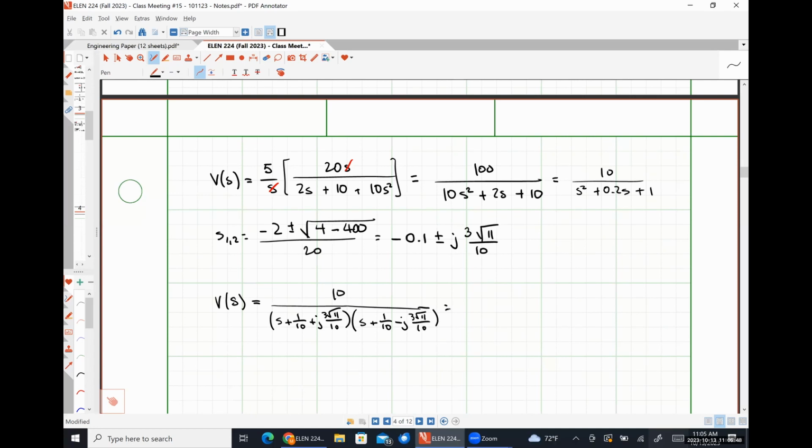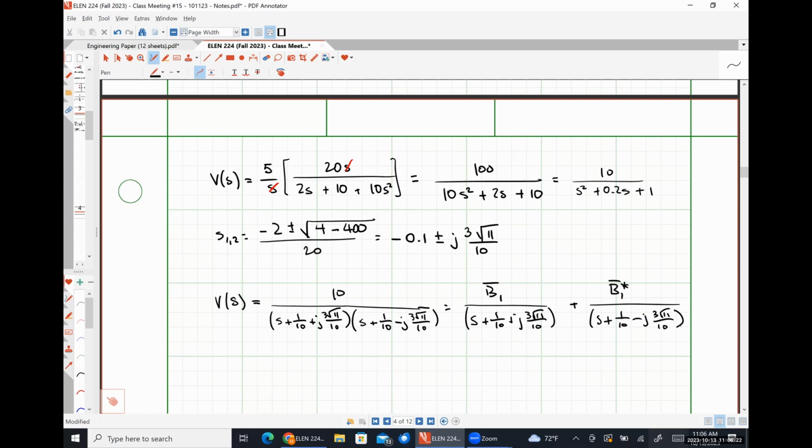And this can be partial fraction expanded, yes, I'm using it as a verb, into some coefficient b1 over s plus 1/10 plus j 3 square root of 11 over 10, plus b1 conjugate divided by s plus 1/10 minus j 3 square root of 11 over 10.